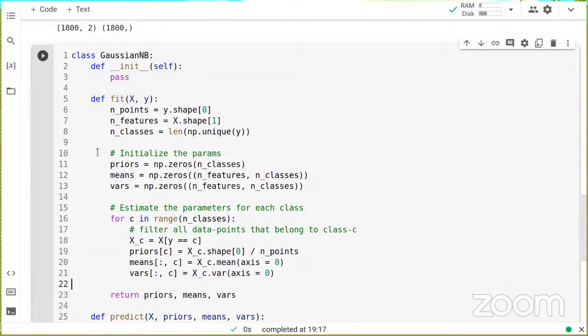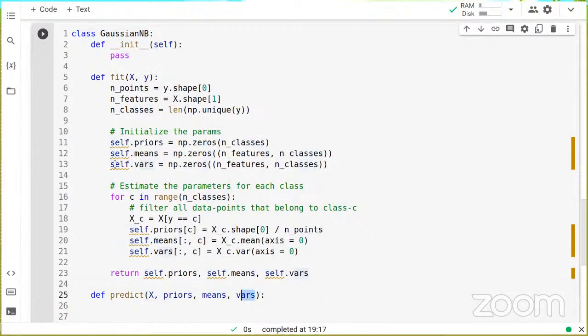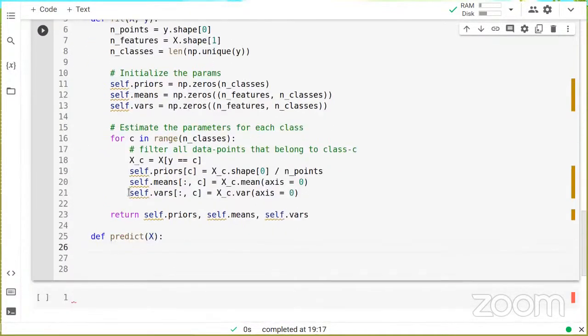I will make sure that these are object variables: self.priors, self.means, and self.variances. Likewise, I do it here. The reason I am doing this is that when I call predict, I can just call it on X. I don't need to call it on anything else.